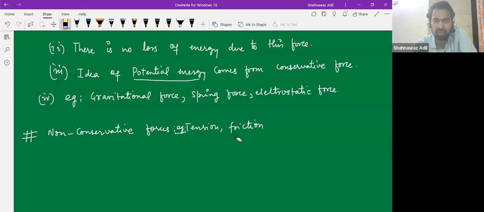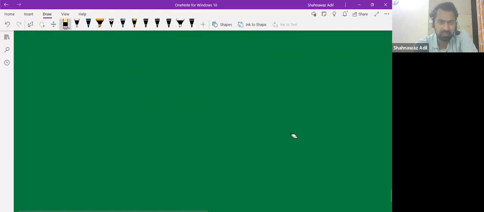In one path the friction would be different, and in the other path the friction would be different, so your work done would be different. That is why these forces are non-conservative. Understood? Okay, sir. Thank you, sir.